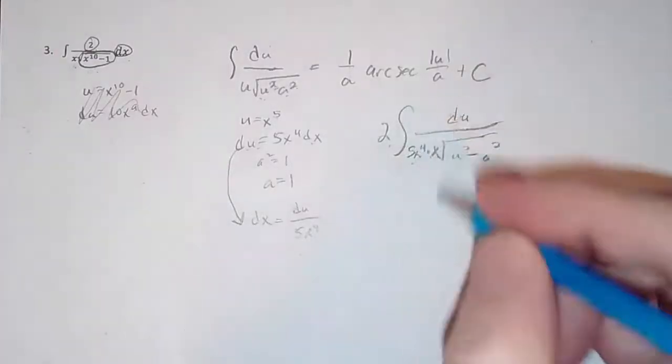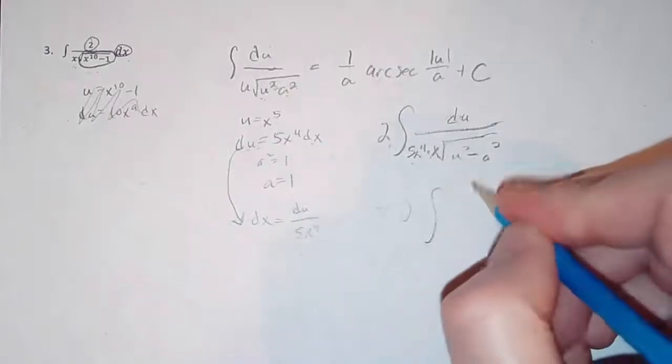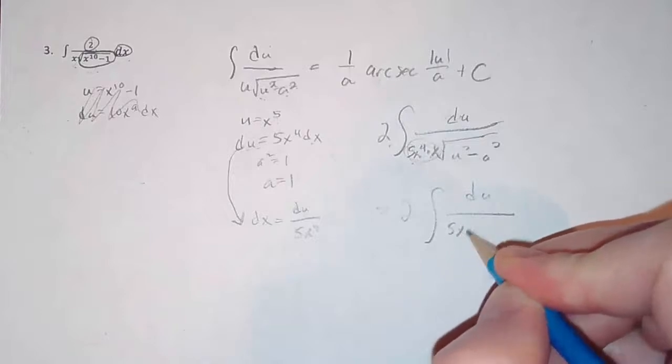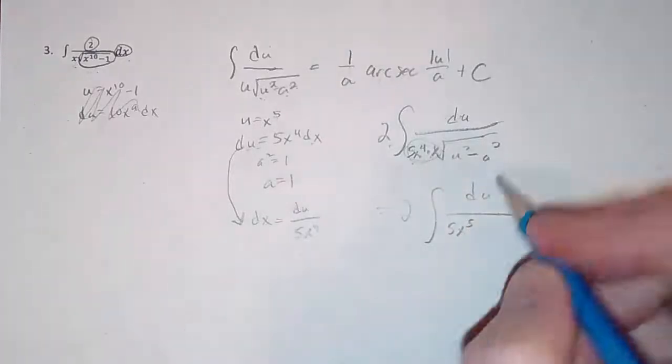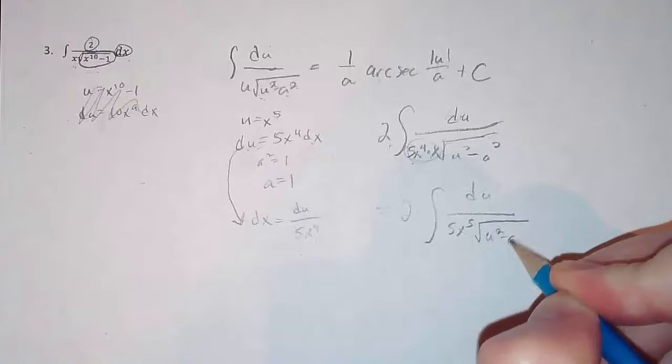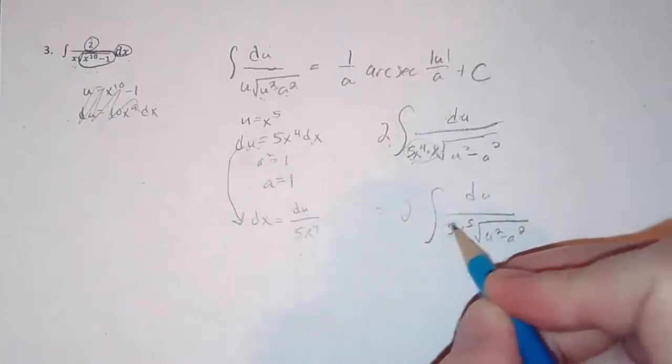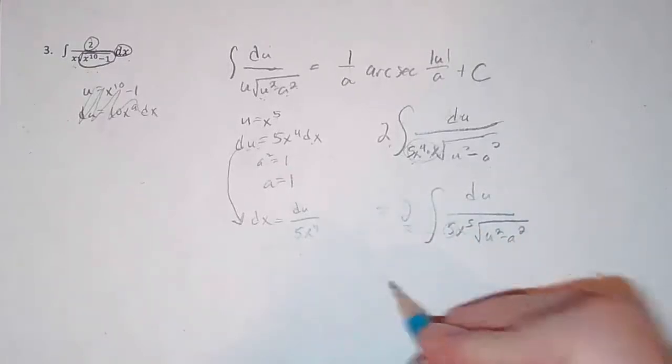If I clean up this expression, I now have 5x to the fifth outside the radical, and then everything in the radical is in terms of stuff I've defined. There's x's and u's and a's, it's a mess. Ultimately, I want to get everything in terms of u. Well, this 5 is a constant, so that can go out front.